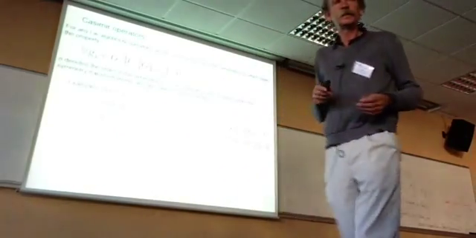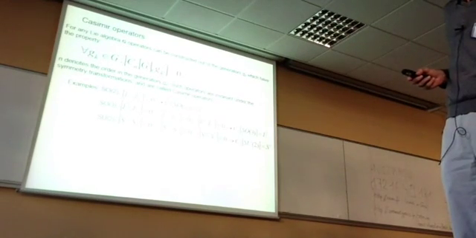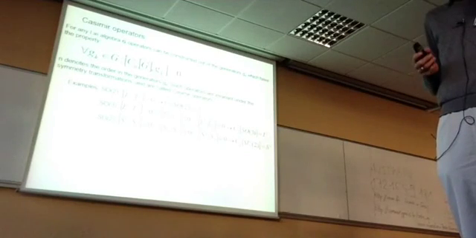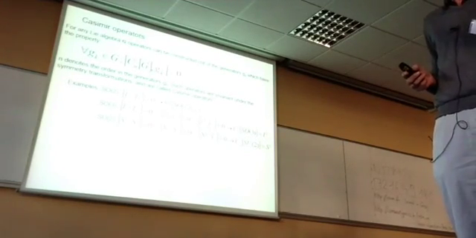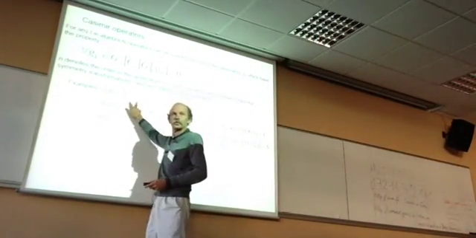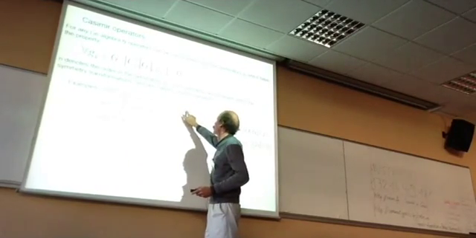But in SO(2), there's only one generator, Lz. So if you have to make a Casimir operator, it has to include Lz. And it's trivial that Lz commutes with itself. And so it turns out that this is a Casimir operator.